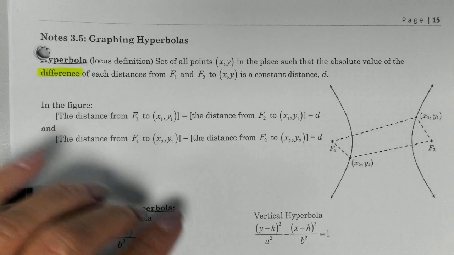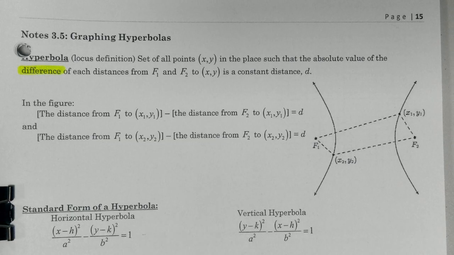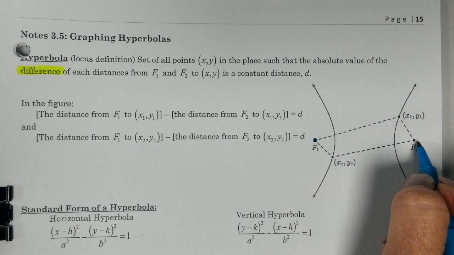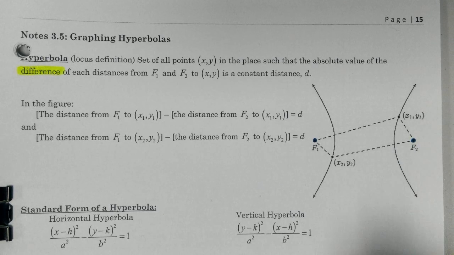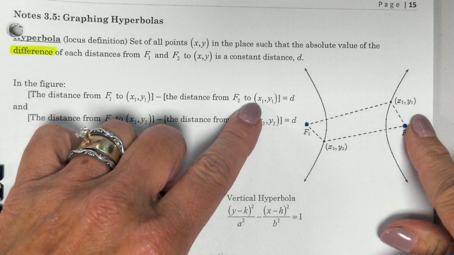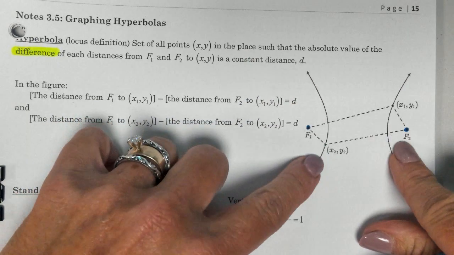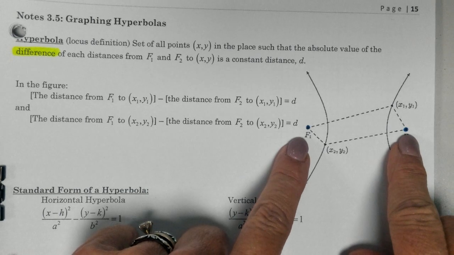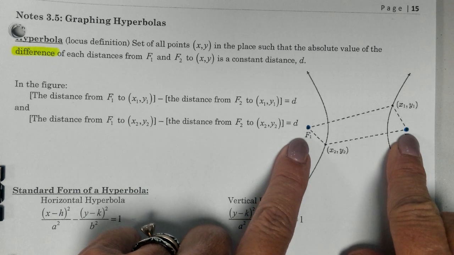So what that means, if you've got a focal point here and here, and notice that a hyperbola looks like reflected parabolas. They're two parabolic curves, but they reflect each other. Your focal points, just like in the parabola, are inside the curve.